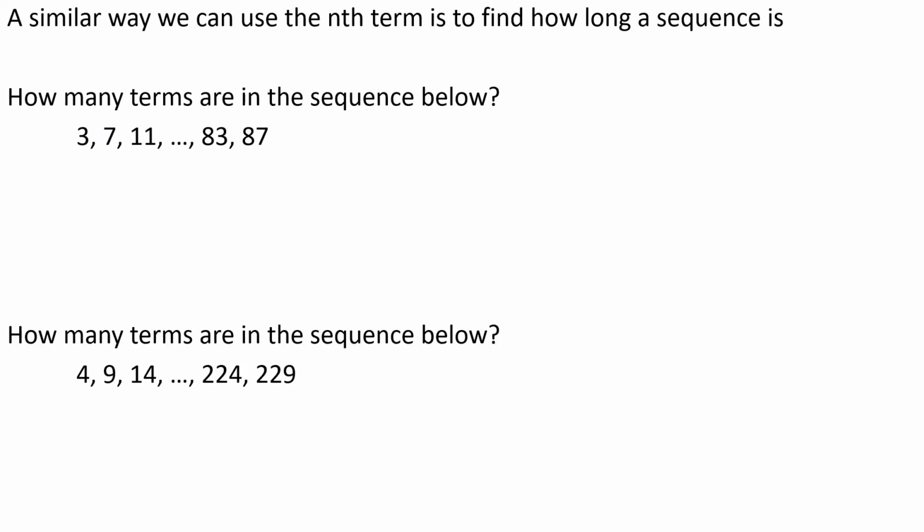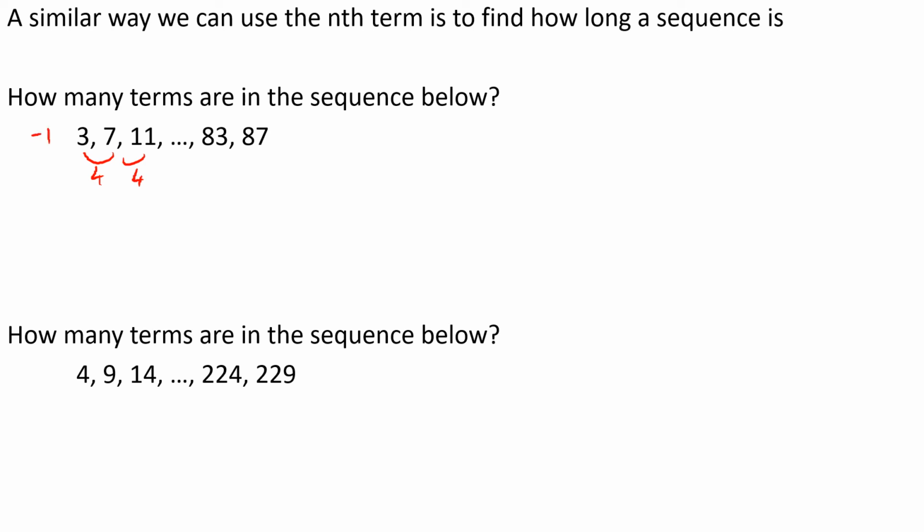And the last thing we can do here is find how long a sequence is. Technically, I guess a sequence goes on forever, but they've truncated them a little bit here. And for this, we need to do two things. We need to find the nth term, and then we need to use what we did on the previous page to find out where the last term is. So our sequence here goes 3, 7, 11 all the way up to 87. So let's find the nth term.